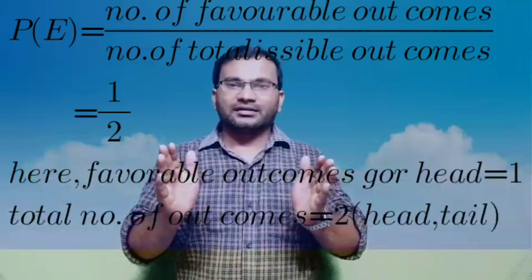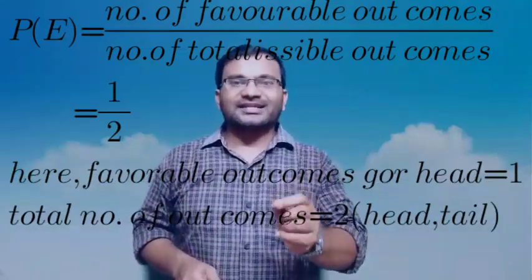But when you toss a coin, there are some assumptions, that the coin is not biased. That means it should be unbiased. What biased means is it doesn't favor any opponent who is playing.